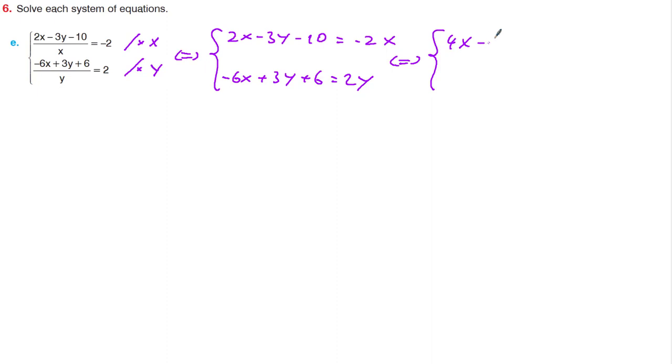So 4x minus 3y minus 10 is 0. We can subtract 2y, so negative 6x plus y plus 6 is equal to 0. You can continue this with the same methods that we used previously.